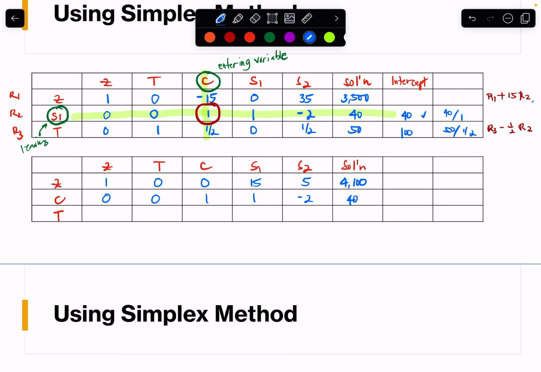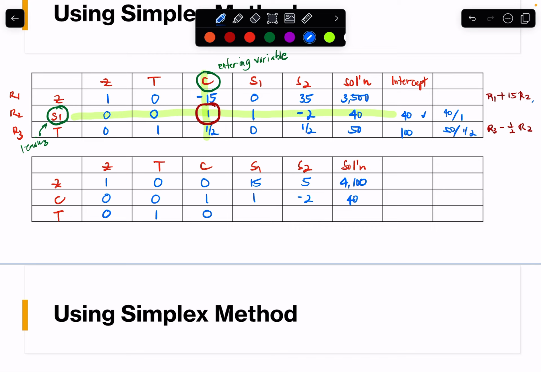For the third row, we have R3, which is 0, and then minus 1 half R2 is 0. So 0 and 0 is 0. We have R3 is 1 minus 1 half times 0, that's still 1. And then 1 half minus 1 half times 1 is 0.